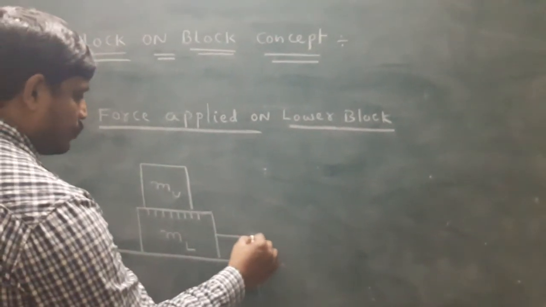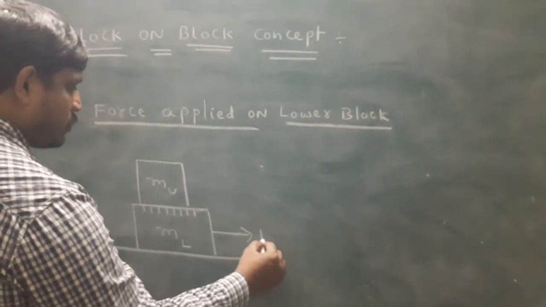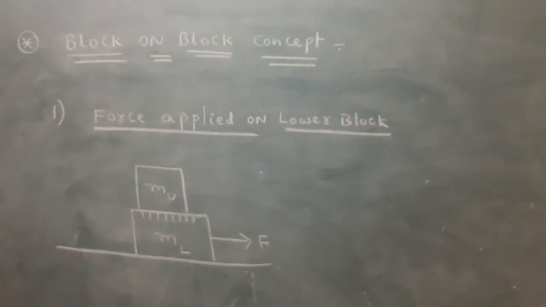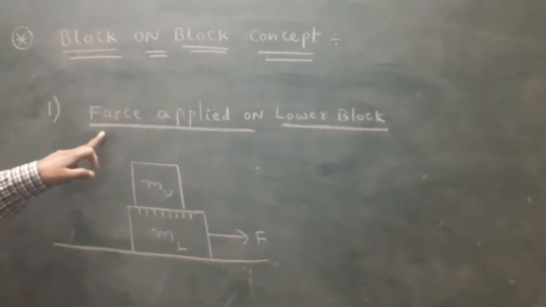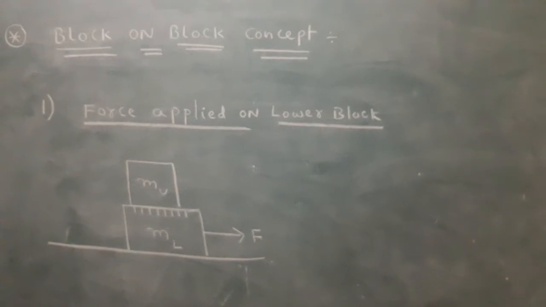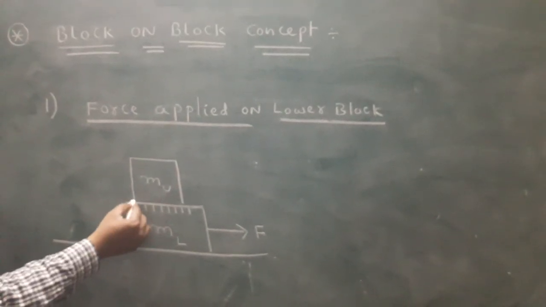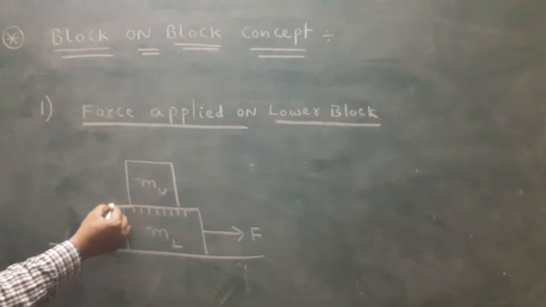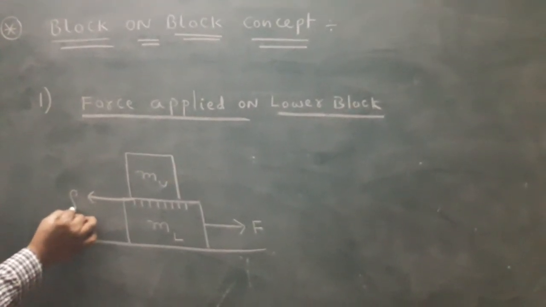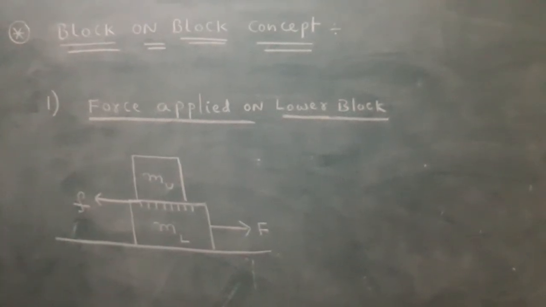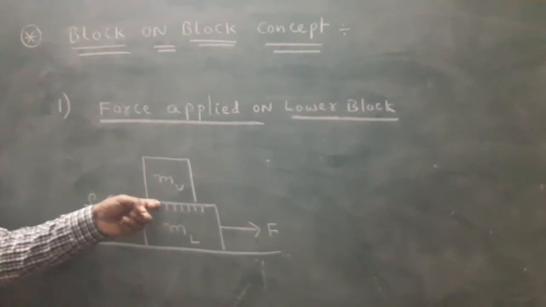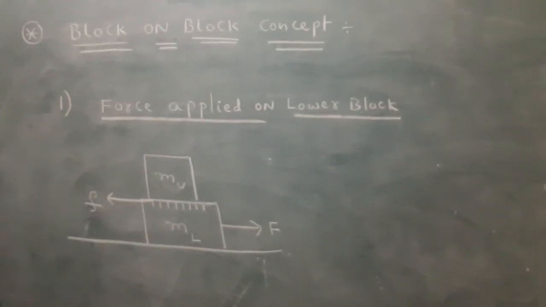Here, according to the question, force is applied on the lower block. Here, this is the rough surface. Friction always opposes the motion. This is the frictional force. This is the applied force. This is the frictional force.